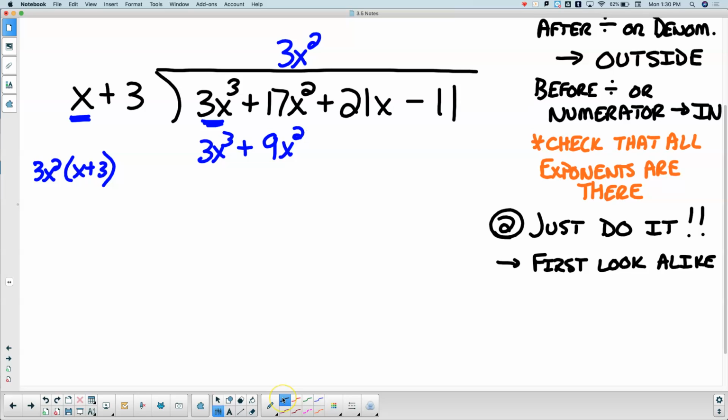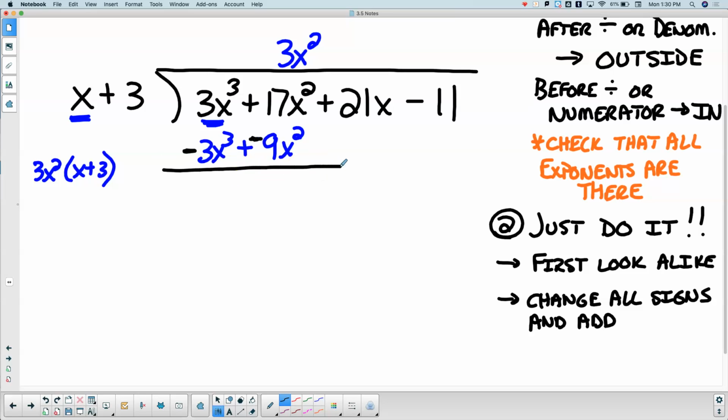So here, we are going to change all the signs and add. The kicker is we have to change the signs first.